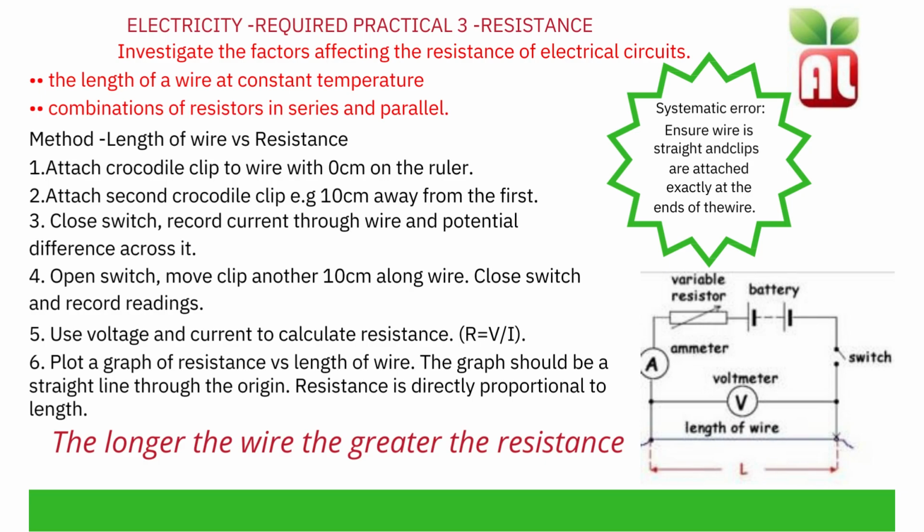You must ensure that the wire is straight and the clips are attached exactly at the ends of the wire. In the series circuit, we have our battery, a switch, our different lengths of wire, a voltmeter connected in parallel around the length of wire, an ammeter connected in series, and a variable resistor.